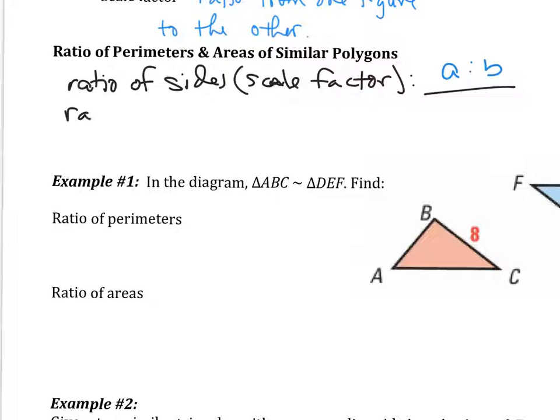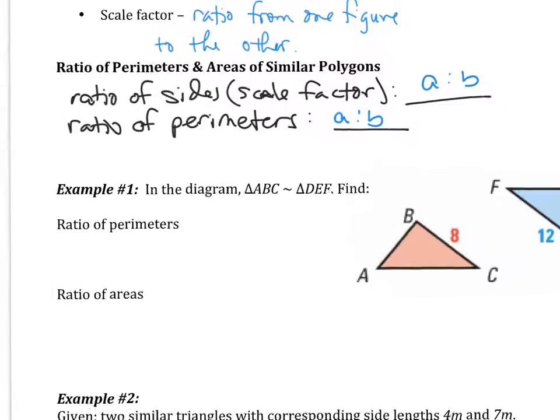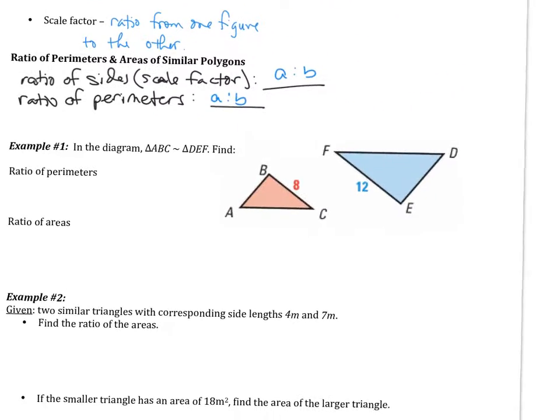The ratio of the perimeters is exactly the same, A to B. Okay, let's show a quick little example.